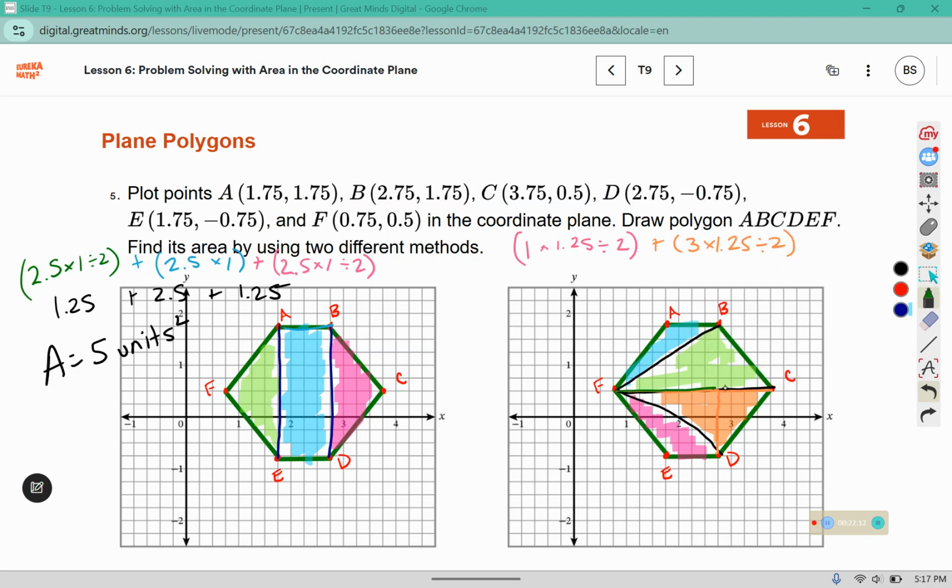The green is 3 wholes as its base, and it has a height of 1.25. And then the blue has a base of 1 whole and a height of 1.25.